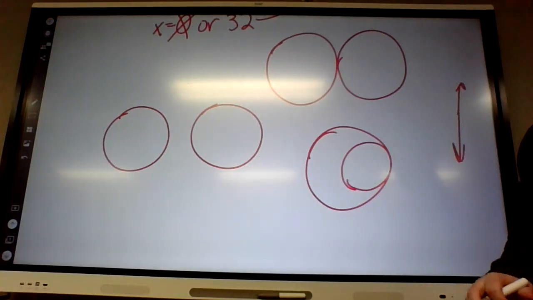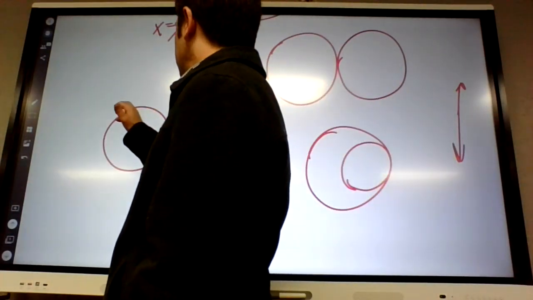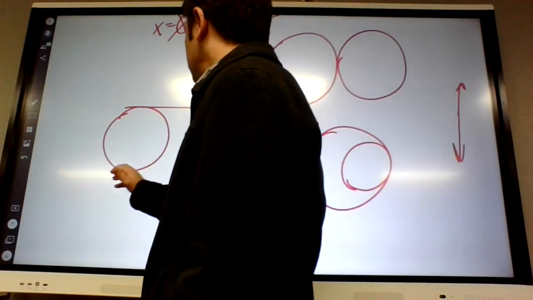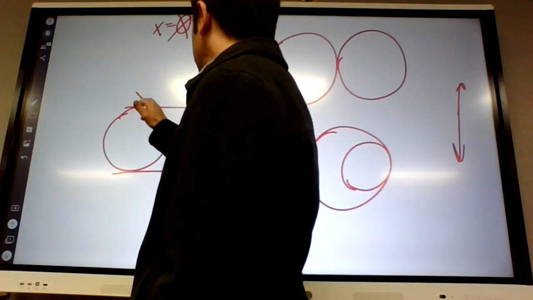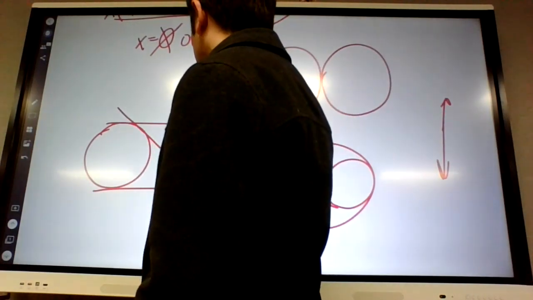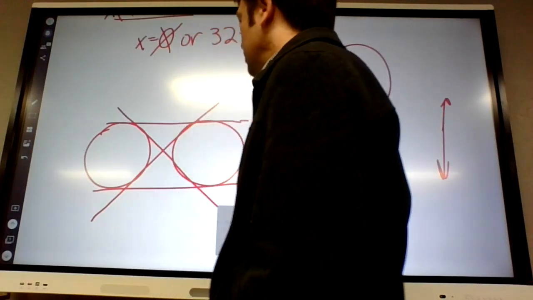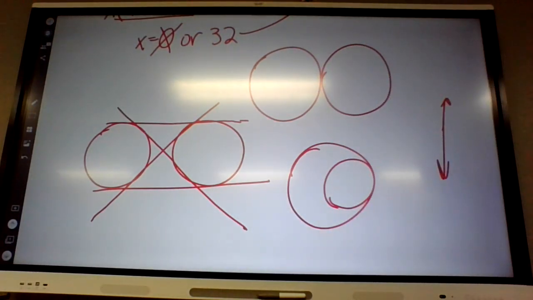How many tangents can be drawn? Yeah, kind of the top and the bottom and then the two diagonals.